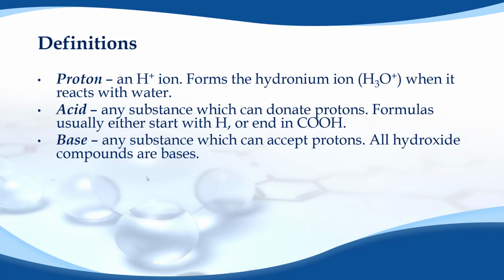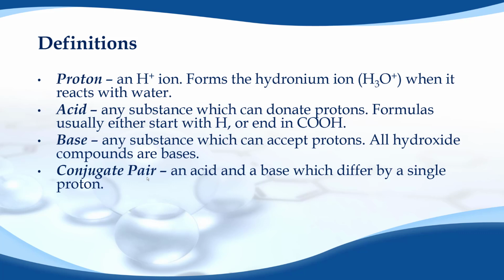Now, using this concept of the proton and a proton being donated by an acid and going to a base gives us an example of what's called a conjugate pair. Conjugate pair is an acid or a base that differ by a single proton. Right, so as an example, acetic acid is an acid, so HC2H3O2.